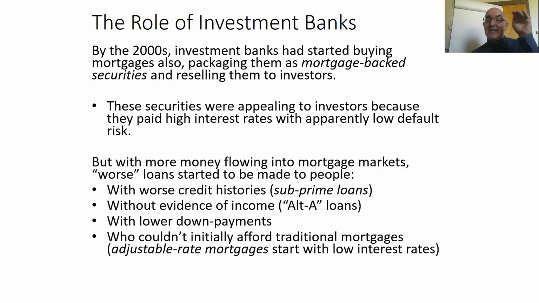By 2006, 2007, 2008, that was getting to 25, 30% of these mortgages. People with no credit history, people with no jobs, nothing. We'll just give you a mortgage, because they could then sell that on the open market.